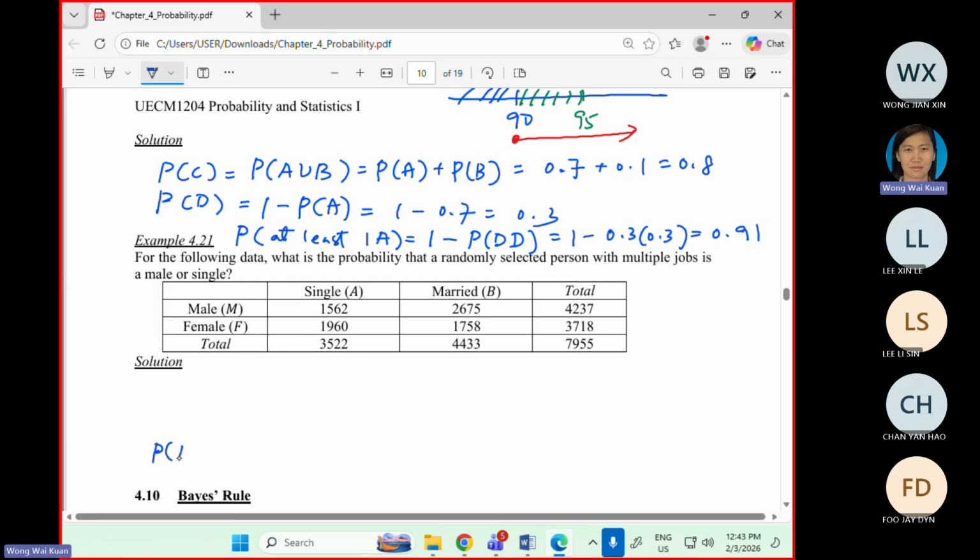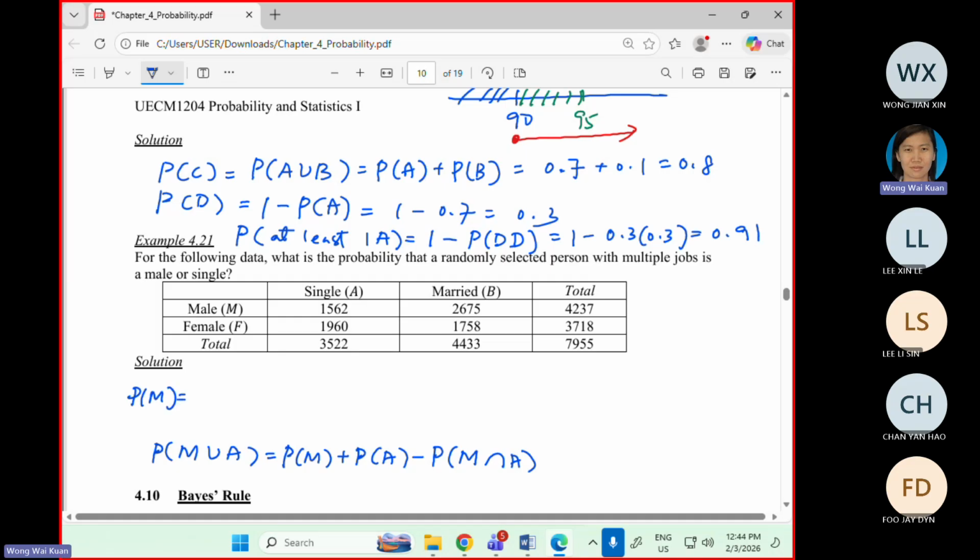So the probability of male or single is, what's the formula? Probability of M plus probability of A minus probability of M intersect A, right?